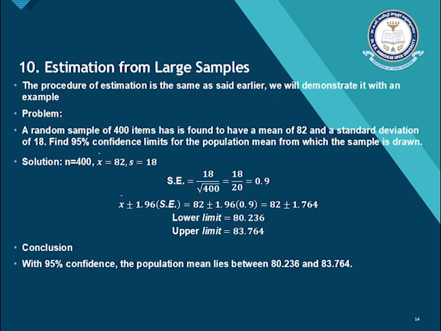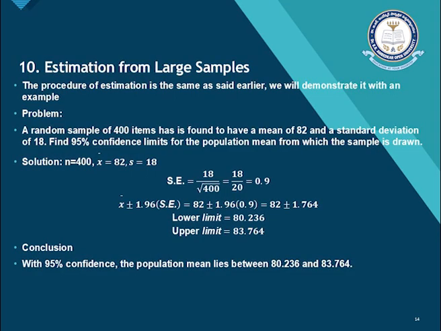The solution is: n is 400, that is the sample size is 400, the mean of the sample is 82, and the standard deviation of the sample is 18. Now the standard error is 18 by square root of n, that is 18 by square root of 400, which is 20. So the calculated value of standard error is 0.9.